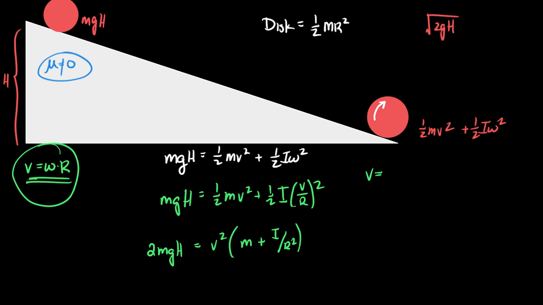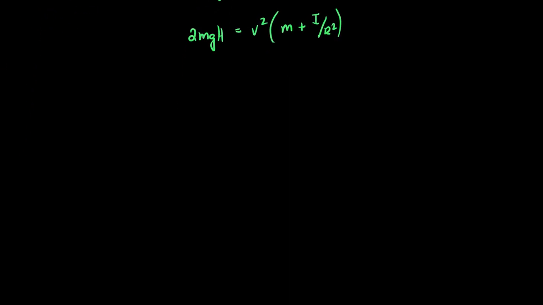All good? All right, so now I want to solve this for V. And I'll have 2mgh all divided by m plus I over R squared.